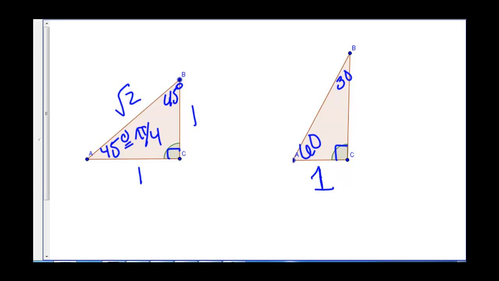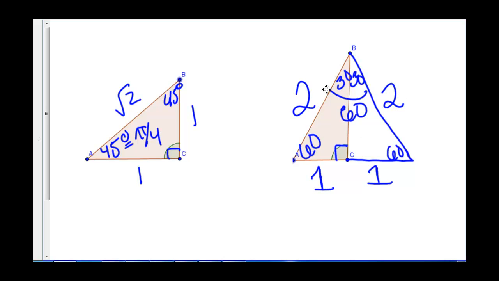Then if we finish this to make it an equilateral triangle, so this whole thing now would be 60. Then this side is also 1. And equilateral triangles have equal sides, so this is 2 and this is 2. So now we have two sides of this right triangle.